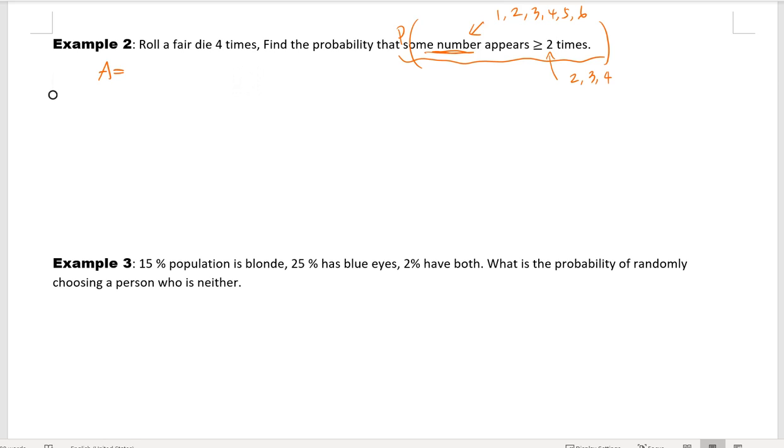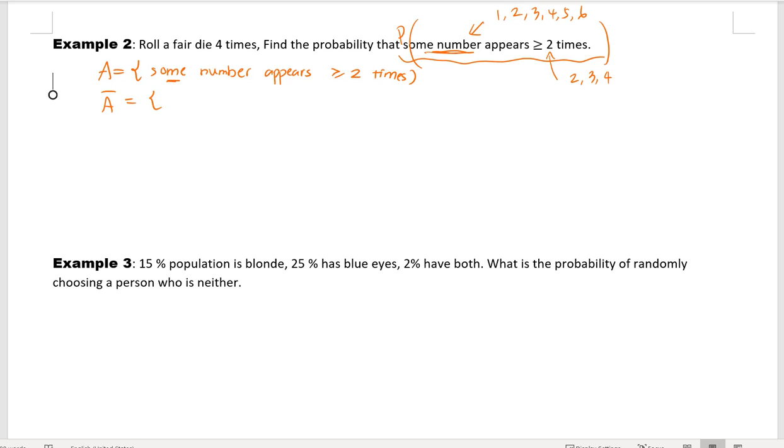So let A be the event that some number appears greater or equal to 2 times. What is the complement?